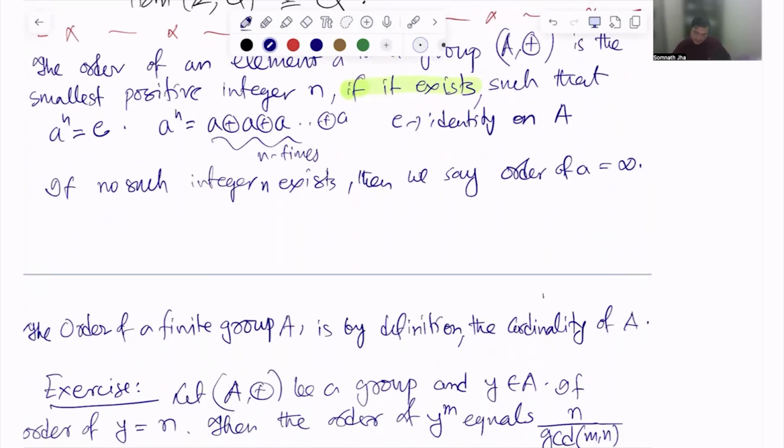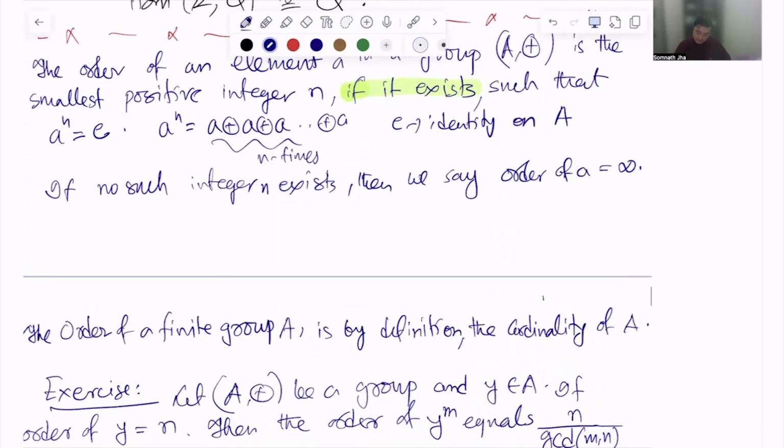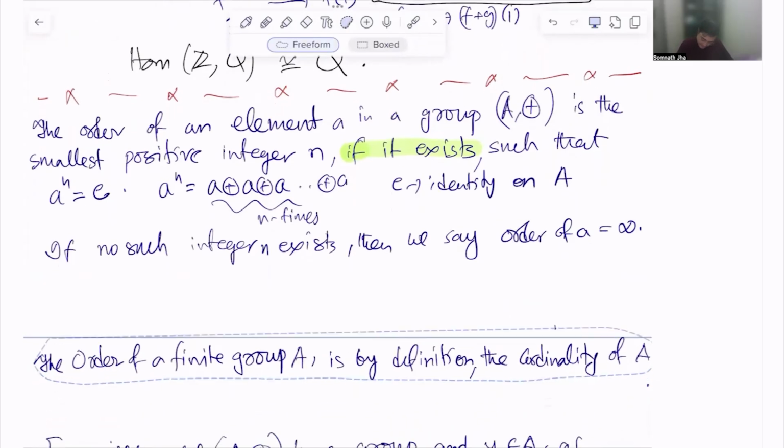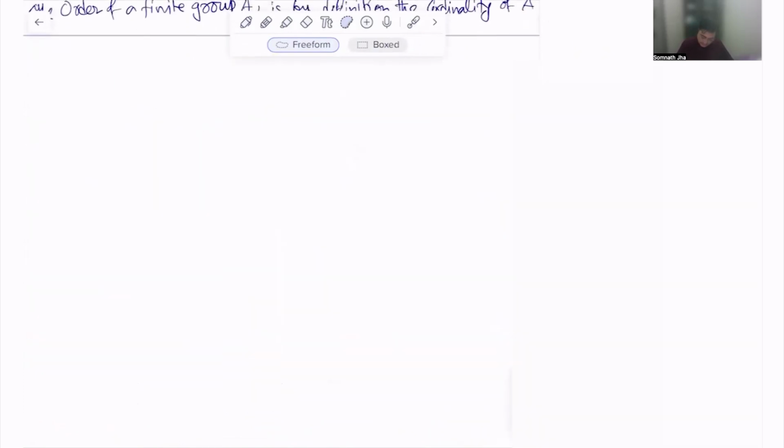Let A, plus be a group and Y is in A. If the order of Y equals n, let's see some examples. Here may be a good place to pause and see some examples. Example: you take A equal to Z with respect to the usual addition.